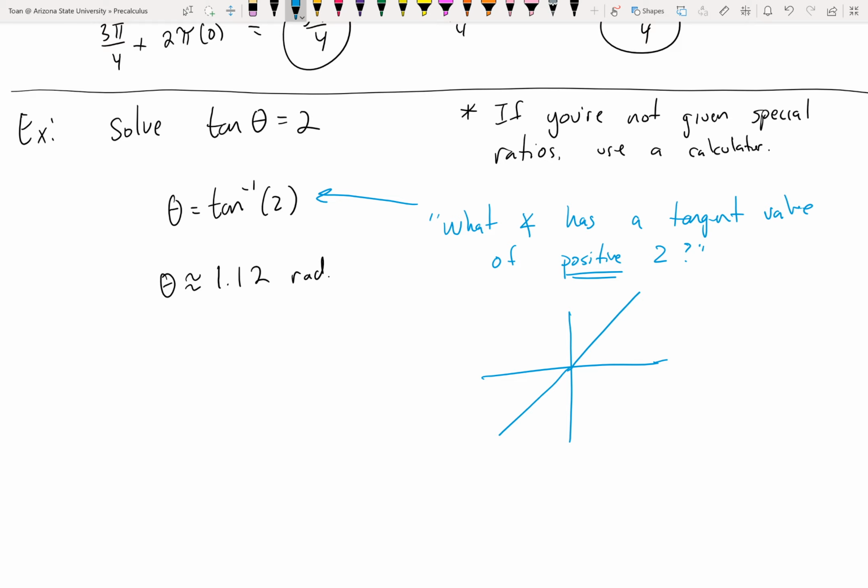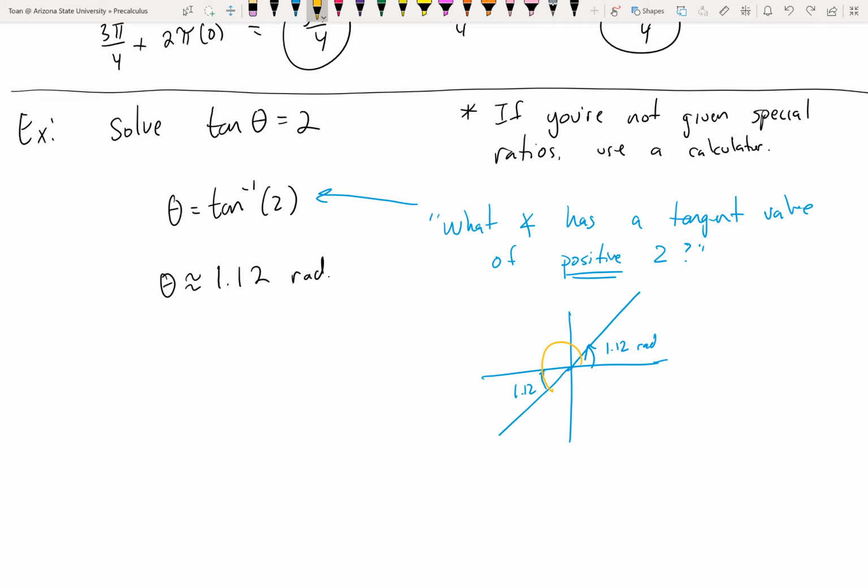So the answer that the calculator gave me, 1.12 radians, is a reference angle in the first quadrant. Oops, not degrees, radians. And in the third quadrant. So technically, we have two answers, as always. We have this first answer here, and we have the second answer here.